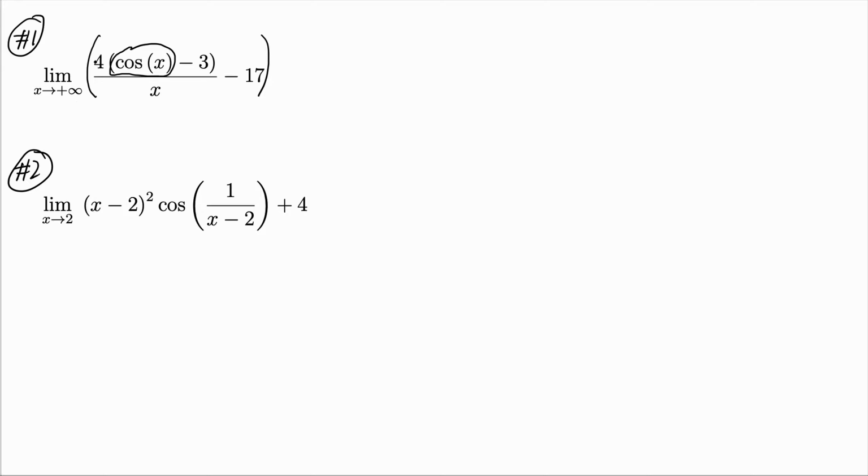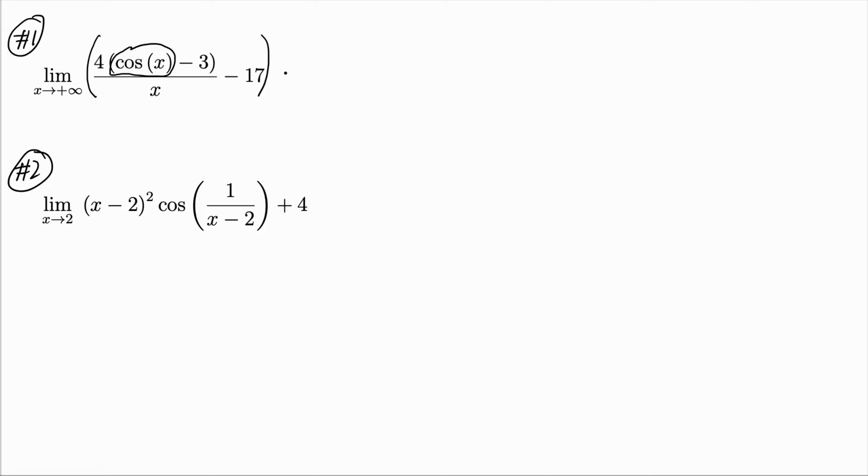So basically that means that this whole top part will be jumping around between a finite range, so numbers in a finite range over x as x goes to infinity. Obviously, numbers that are finite in a restricted interval divided by something becoming infinite will go to 0 for sure. So the limit should be -17.